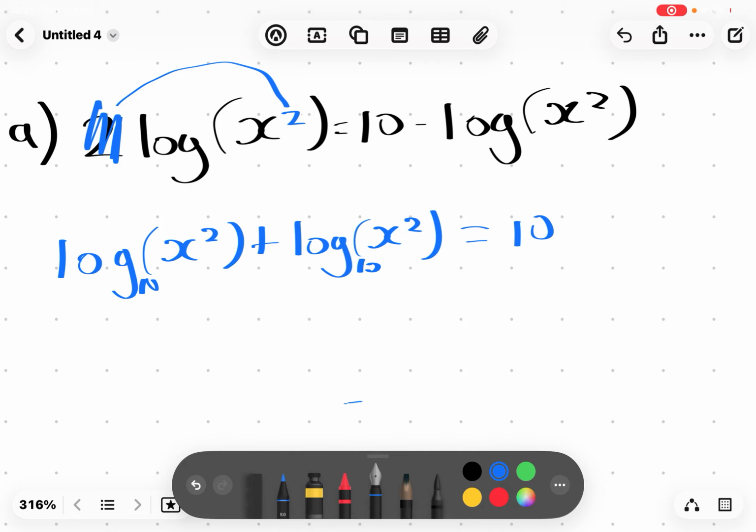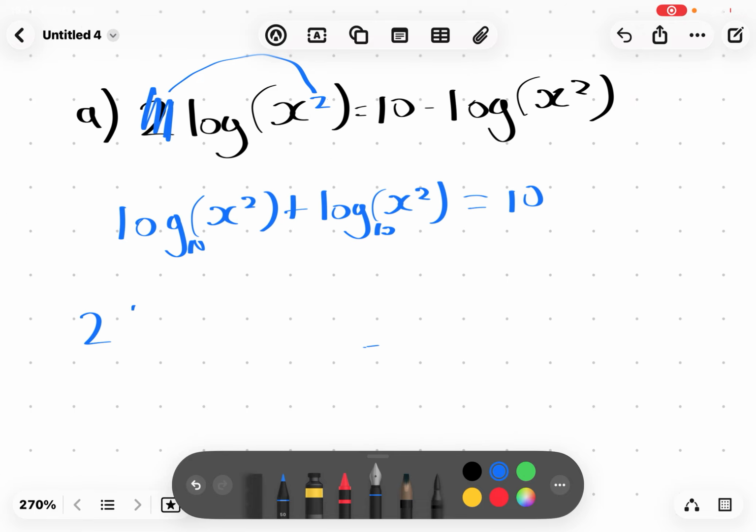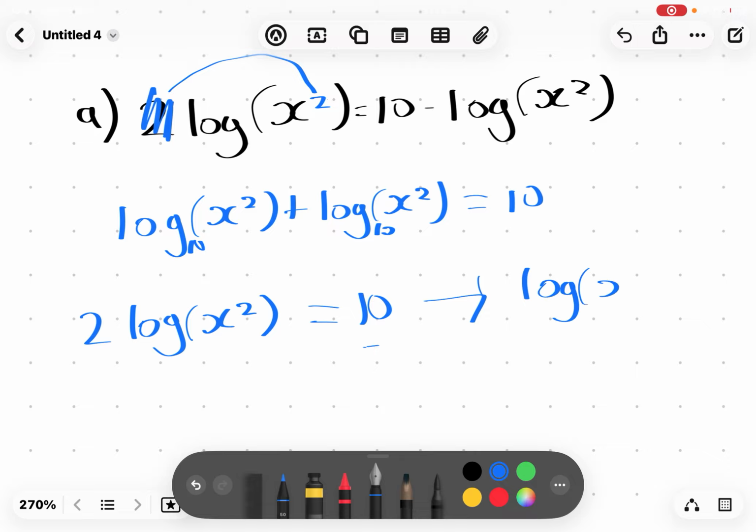Because they're exactly the same, the base is 10, by the way, imaginary 10, like basically if there's no base, it's 10. When you add, it's basically 2 log x squared equals 10. After that, we're able to use the law again, moving it here. That gives log x^4 equals 10.